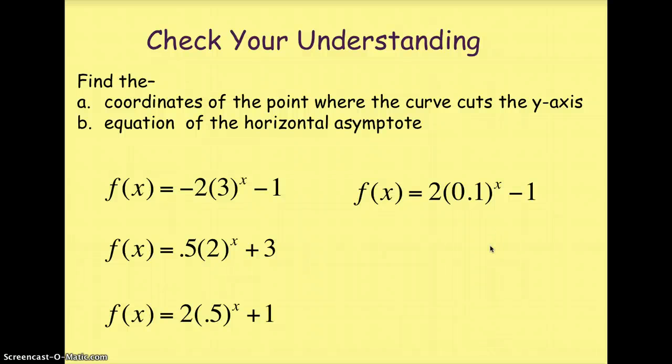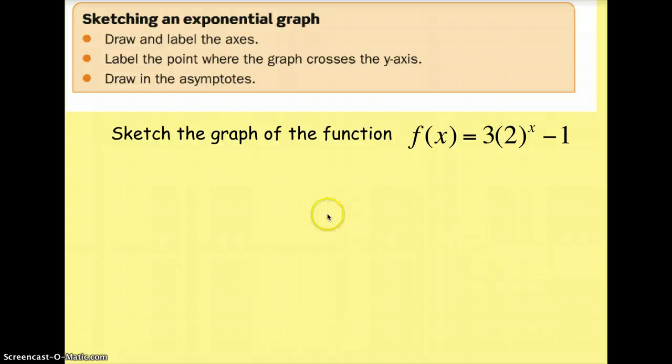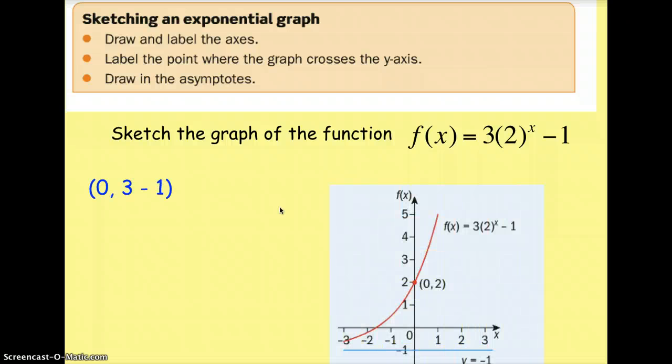Okay, that's done. Now, let's try sketching a graph of the function. Use what you know already. You need to write the y-intercept and the horizontal asymptote. Given f of x equals 3 times 2 raised to the x minus 1, your y-intercept is going to be 0, 3 minus 1.